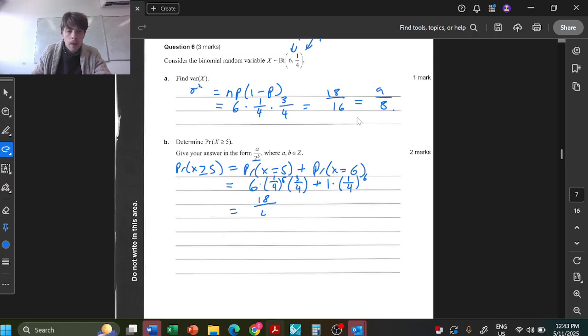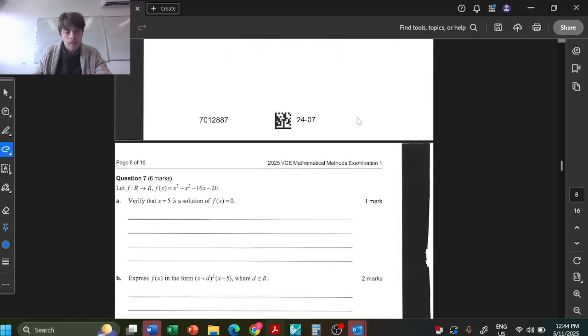Another way of writing 4 to the power of 6 is 2 squared to the power of 6, which we could also write as 2 to the 12. And we're going to add to that 1 over 4 to the power of 6, which is just 1 over 2 to the power of 12. So all things considered, that's equal to 19 over 2 to the power of 12.